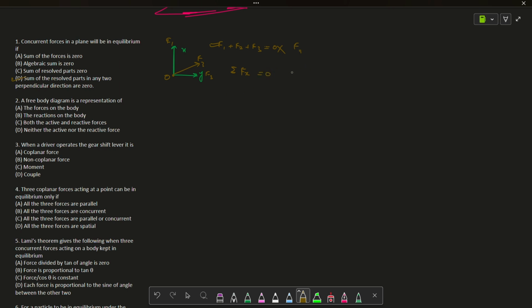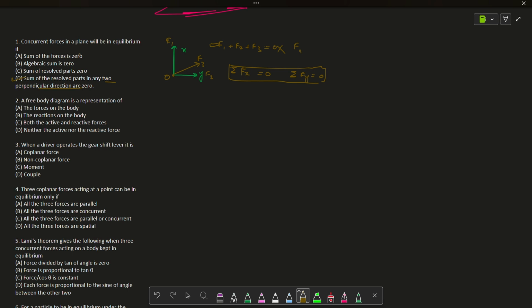If it comes to zero, then it is in equilibrium in the x direction, and when it comes to zero in the y direction as well, then we can say that equilibrium forces are acting. Because it is in a plane, the summation of the resolved forces should be zero in two perpendicular directions. That's why the two perpendicular directions are zero.